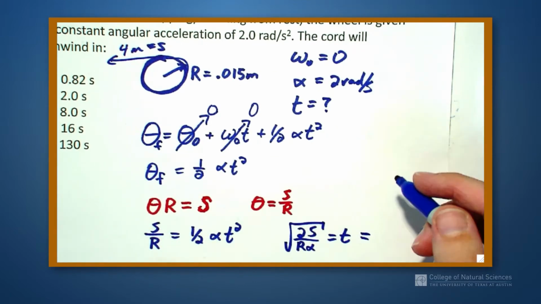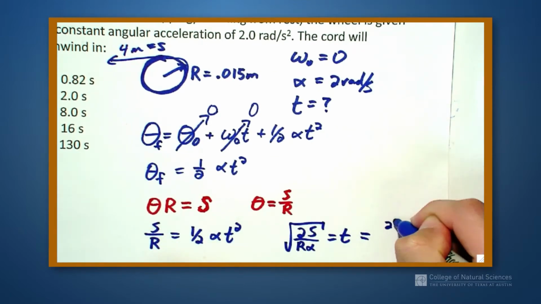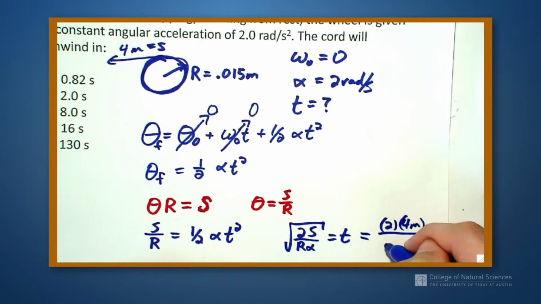what are my values? My values are a value of 2, a value of 4 meters, a value of 0.015 meters, and a value of 2 radians per second squared. And I square root all that.